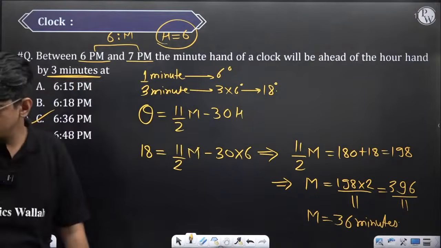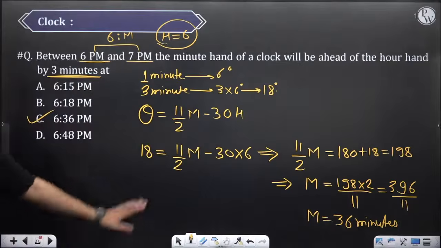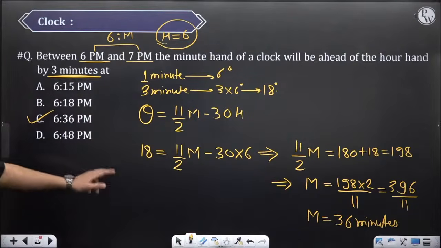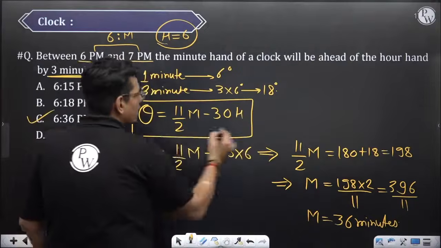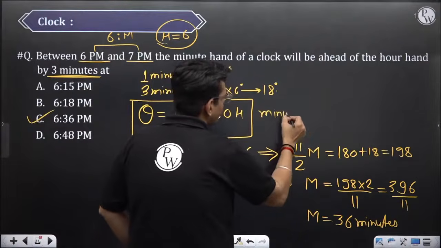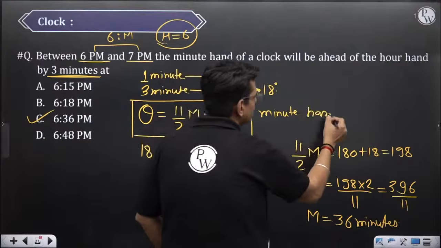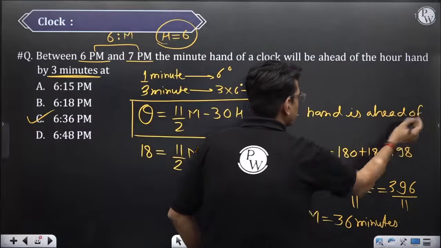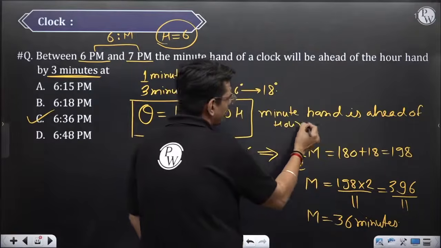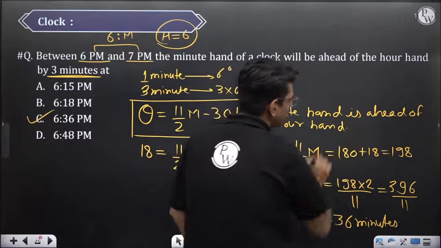Understood? The application is very simple, right? You just have to know this formula. This is when the minute hand is ahead of the hour hand. Okay, simple, right?